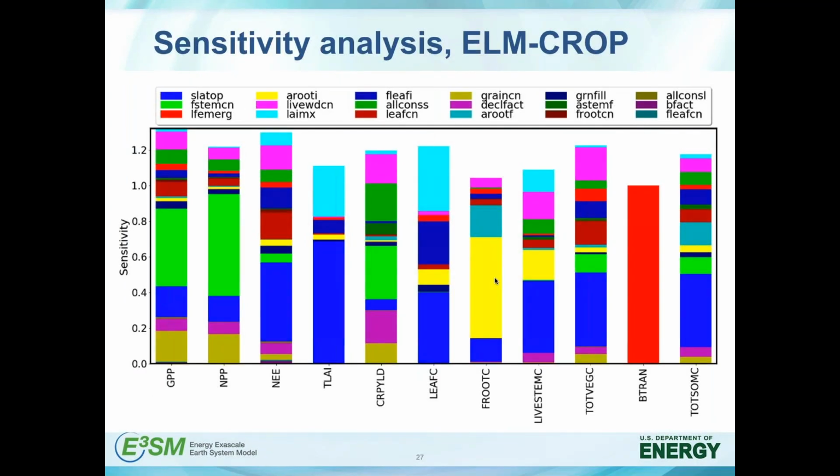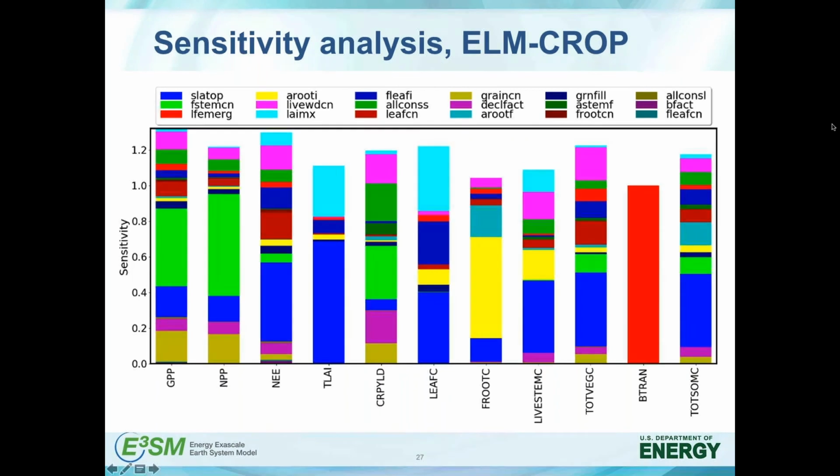We're doing a similar exercise with the ELM crop model. Again, more complex than the original ELM, containing additional parameters that have to deal with things like grain and crop phenology. So I think in this case we started with 20 parameters and looking at a soybean site, but we are starting to see things that make sense there as well, things that control GPP and NPP, so things like specific leaf area at the top of the canopy, the carbon-nitrogen ratios of various plant components.